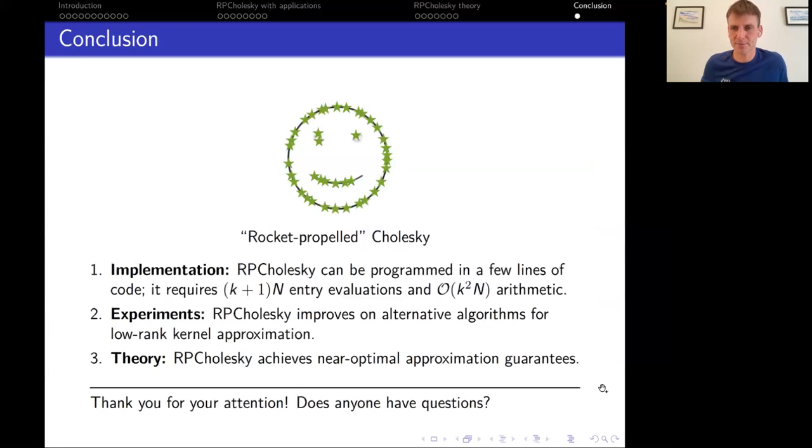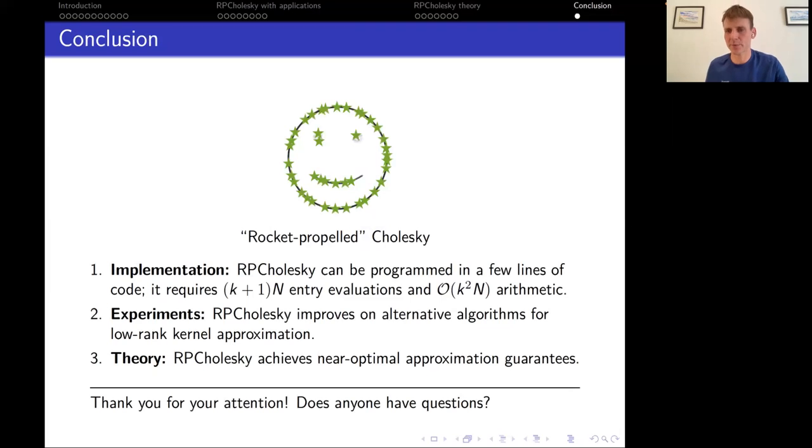And to summarize, rocket-propelled Cholesky, we believe, is a smiley face of an algorithm. It can be programmed in a few lines of code. It requires k+1 n entry evaluations and order k-squared arithmetic. In all of our experiments so far, RP Cholesky improves on alternative algorithms for low-rank kernel approximation.